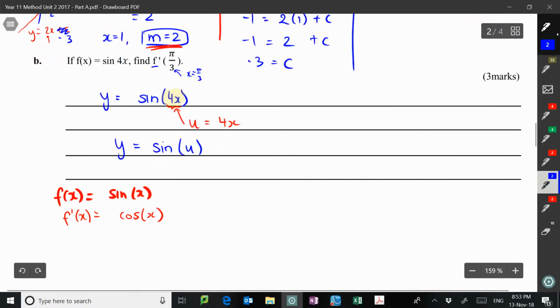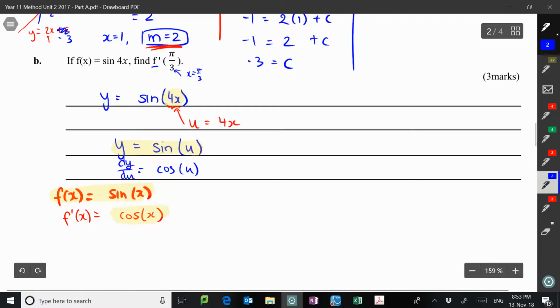Because this looks so familiar to this. That means the derivative, when I say find dy du, it should equal the same thing as cos of u. Not cos of x. Okay, so this would be cos of u. So that was nice and easy.